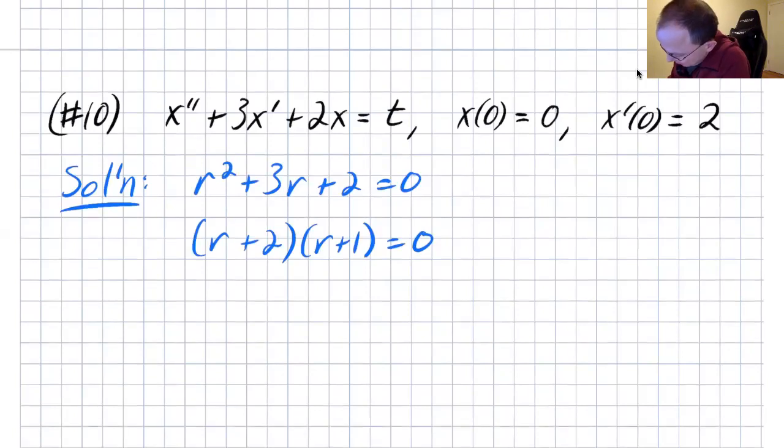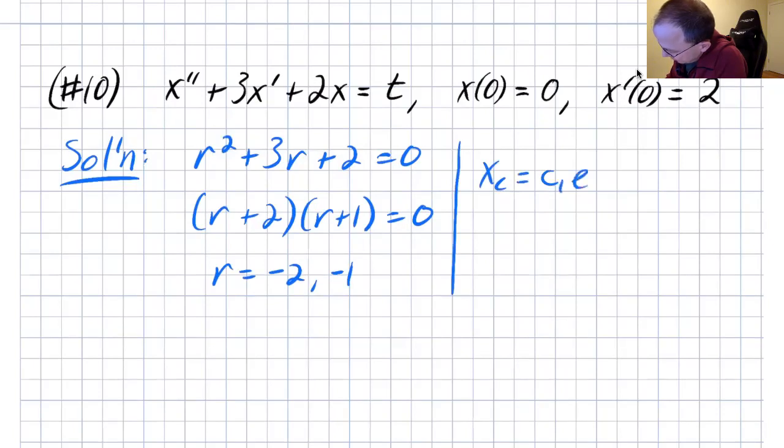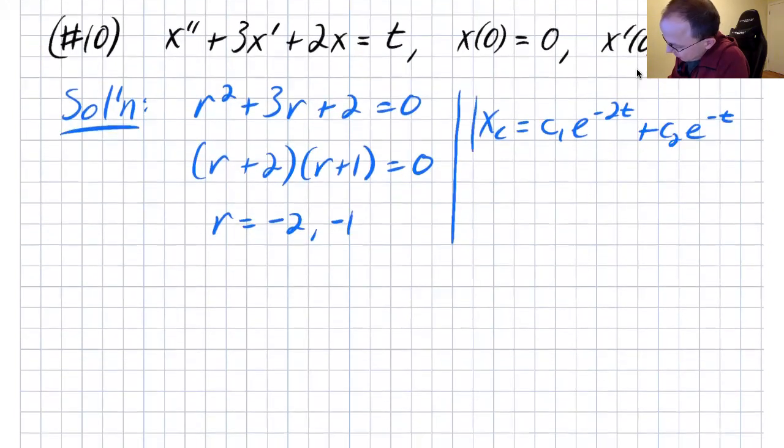Okay, so r is equal to -2 and -1. And so the complementary solution is C1 e to the minus 2t plus C2 e to the minus t. There's our complementary solution.